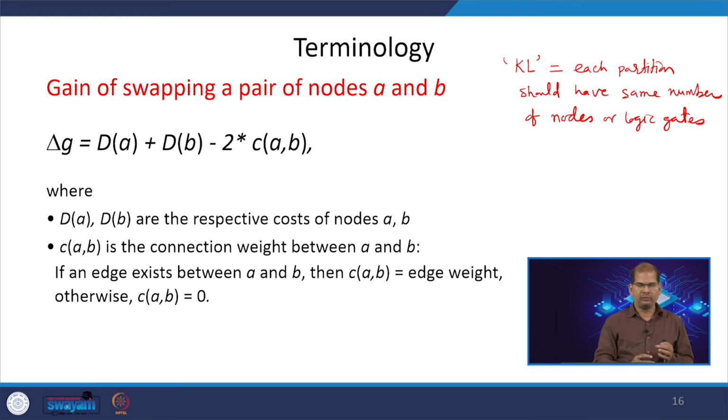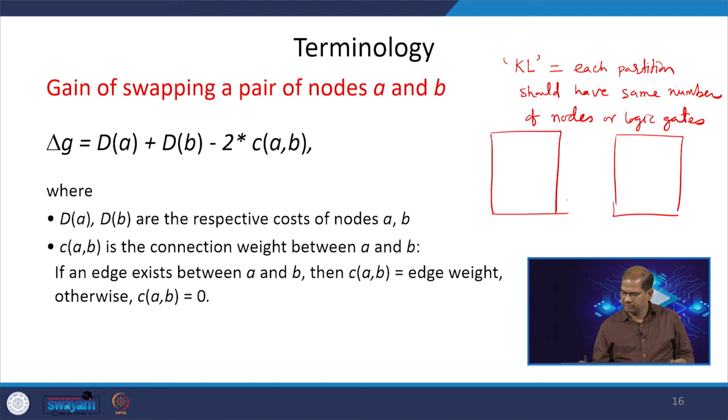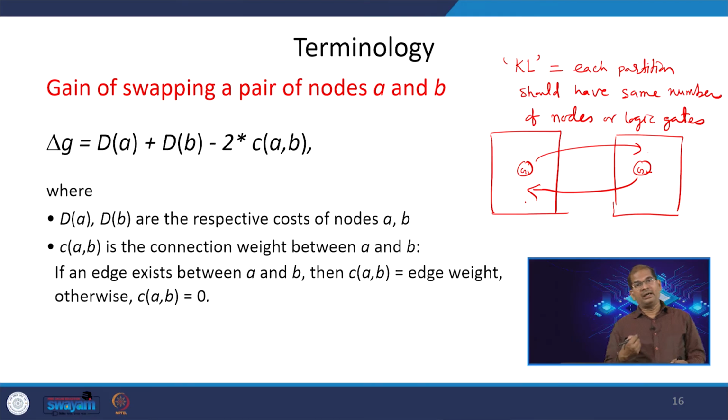I can move one node to the other side and another node to this side, so I need to create an equal balance. Let us say if I want to move G1 to this side, G2 should come to this partition. If I do it like this, I need to find another cost function. If I move one logic gate to the other side and another logic gate to this side, that cost function is the gain.